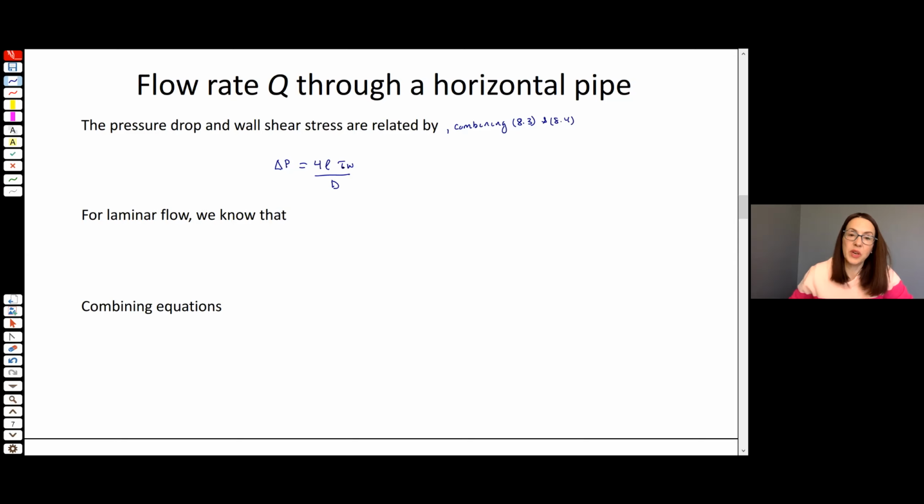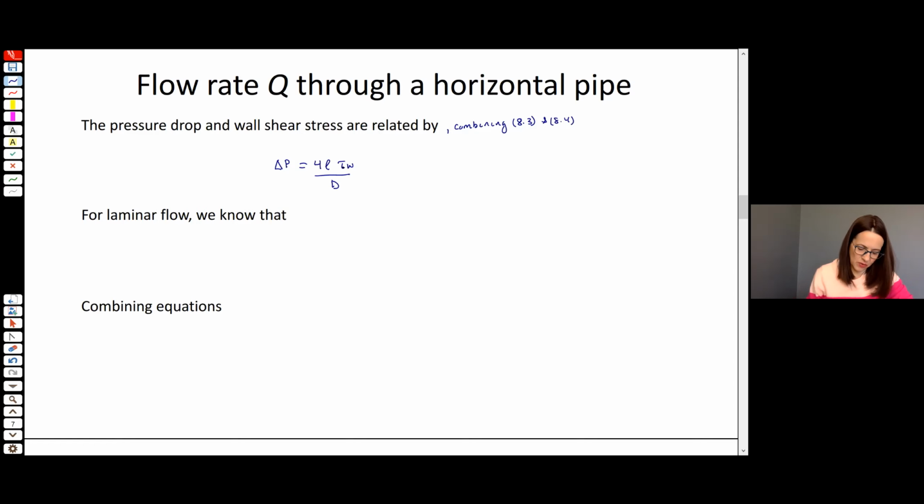Okay, so what we can see here is that even a small wall shear stress can produce a really large pressure drop if the pipe is really long, right? So if L over D is 10 or 100, something like that.